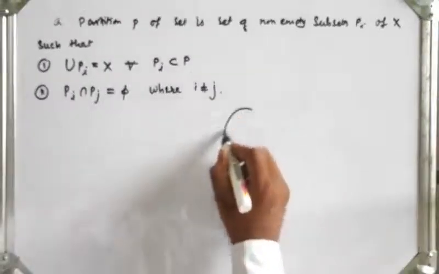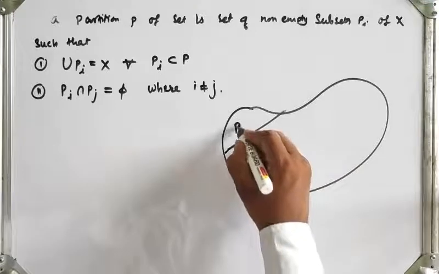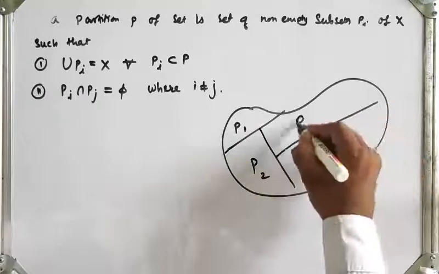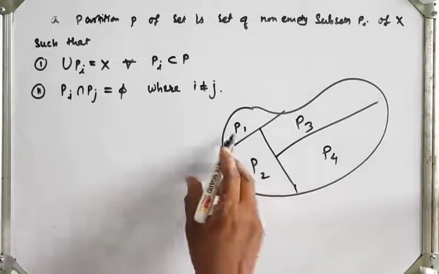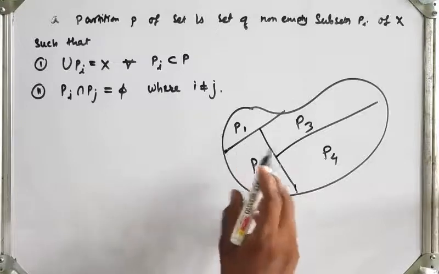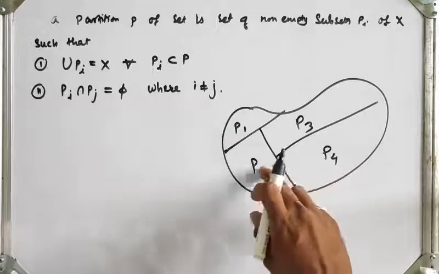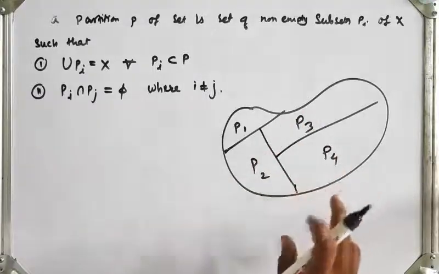So for example, suppose this is the set and this has first P1, P2, P3 and this is P4. So here we see that P1 and P2 have no common element, so P1 intersection P2 is phi. Second, P2 and P3 have no common element, so P2 intersection P3 is again empty.